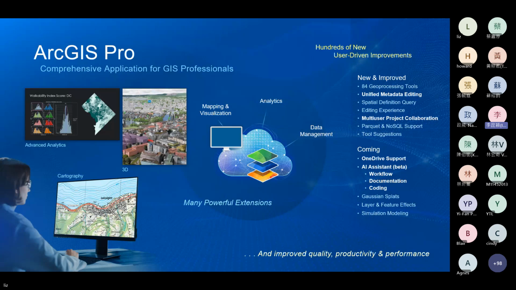This has resulted in hundreds of improvements that we think you'll experience in the work that you're doing. In addition, we've brought the metadata editor from ArcGIS Online and Enterprise into the latest version of ArcGIS Pro. We've also added support for multi-user project collaboration, and this upcoming release will be adding AI assistance and OneDrive support.